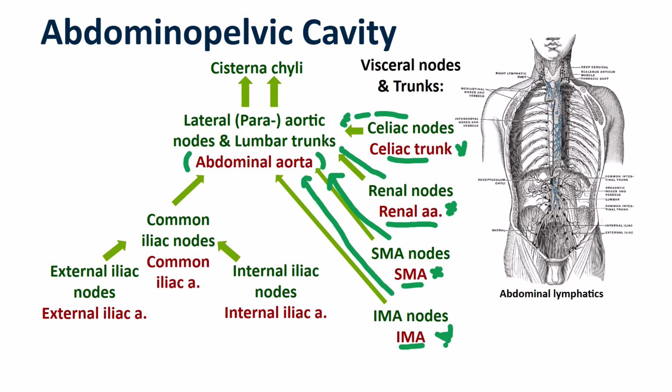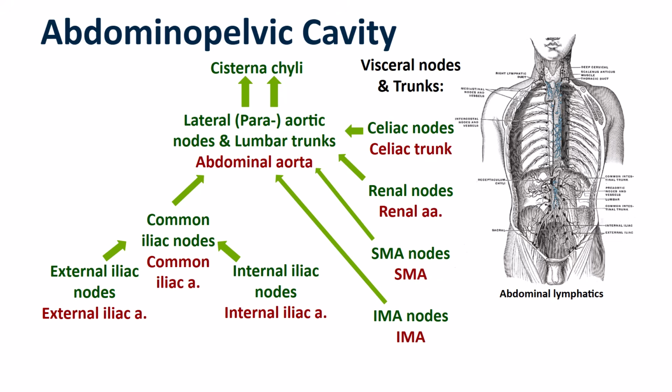Then we have, working up from below, the pelvic lymphatic tributaries. Now, if you remember the pattern of bifurcation from the abdominal aorta and beyond, this becomes really easy. So let's review very quickly.